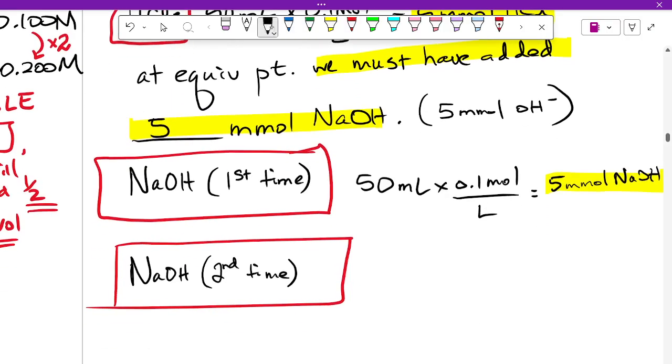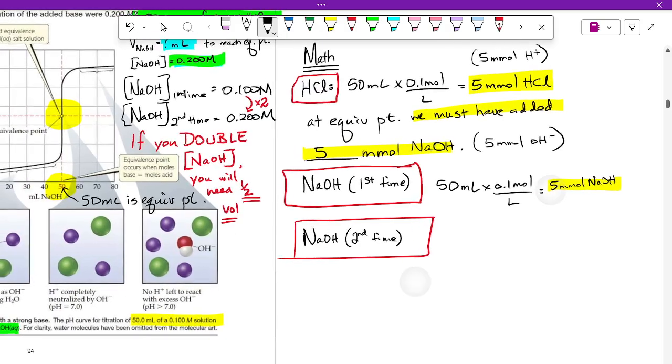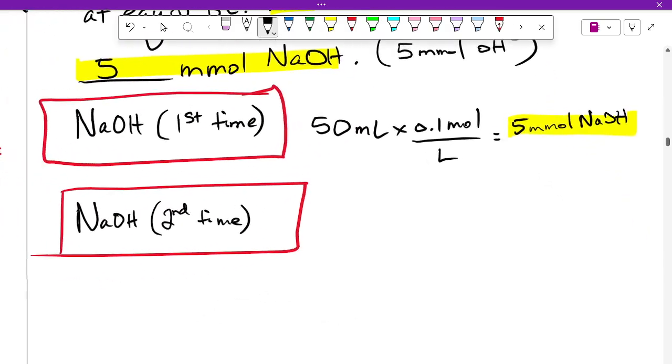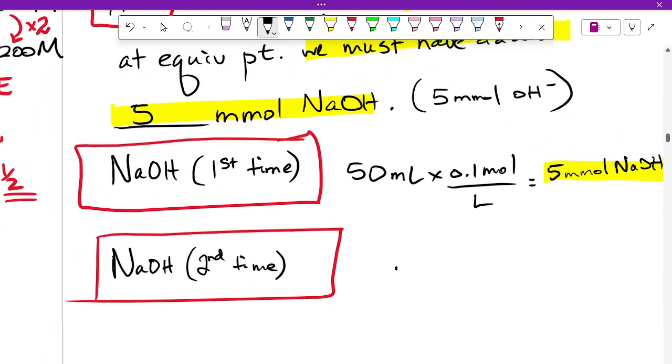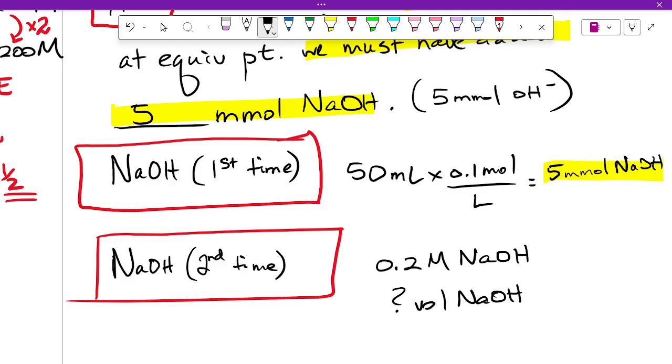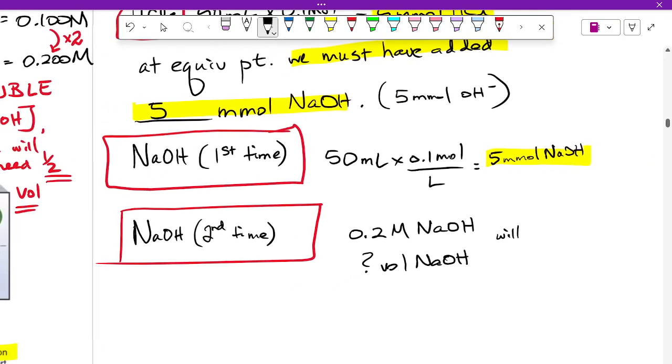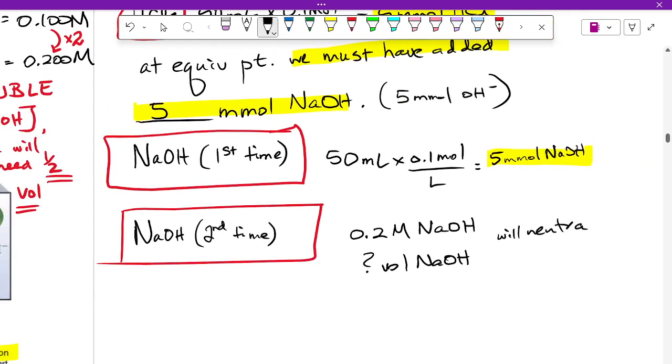So the second time, we know that we have 0.2 molar NaOH, and we're asking what volume of NaOH will neutralize all the HCl?